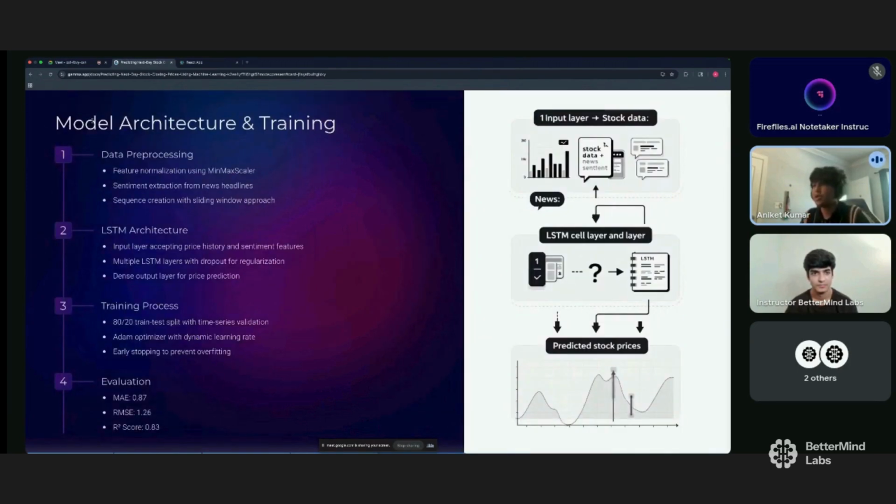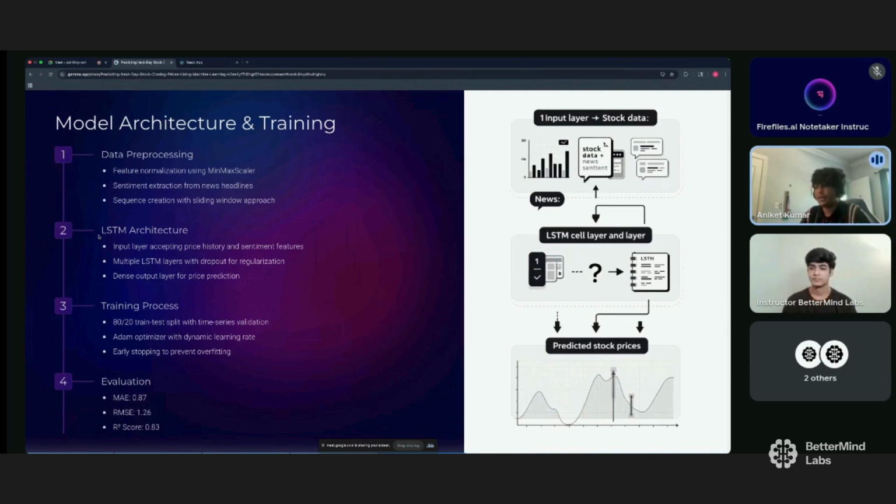So here's the model architecture and training. There's data preprocessing, like feature normalization using minimums and maximums, sentiment extraction from news headlines, and sequence creation with a sliding window approach. Then the second one, LSTM architecture: input layers accepting price history and multiple LSTM layers with dropout and regularization.